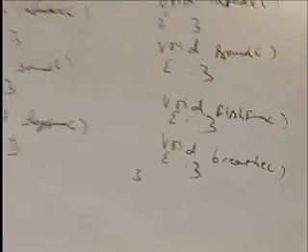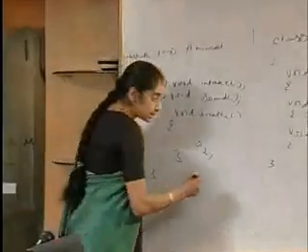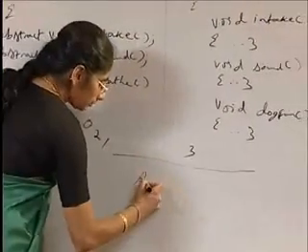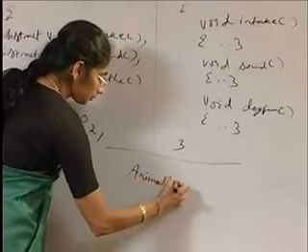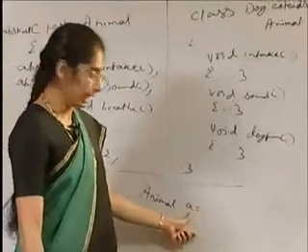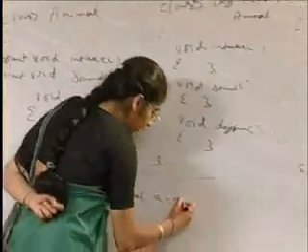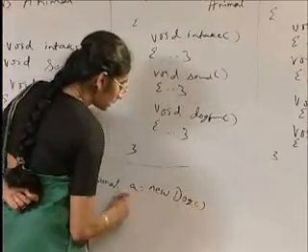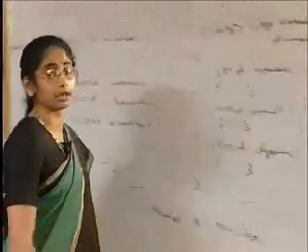Now remember, we said we cannot create an instance of an abstract class, but we did say we can have an object variable which is of type animal, and this object variable animal will hold an instance of the subclass likewise.